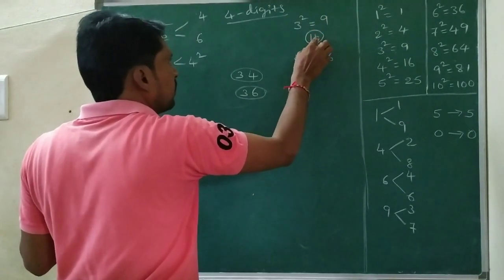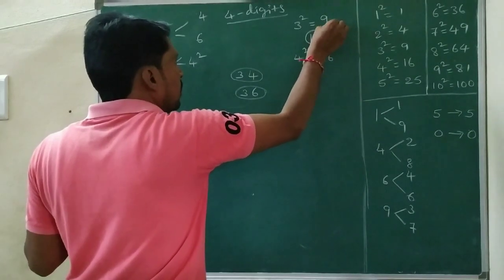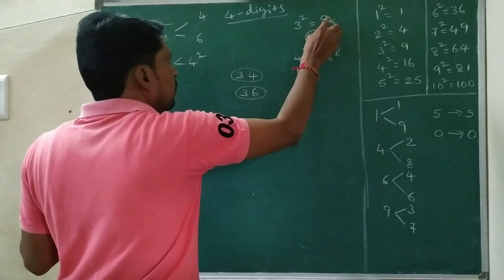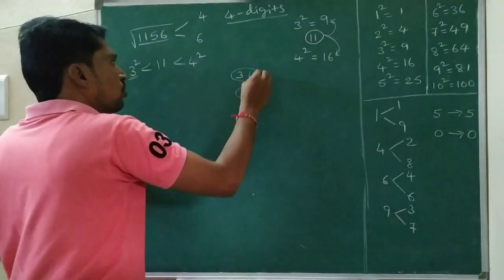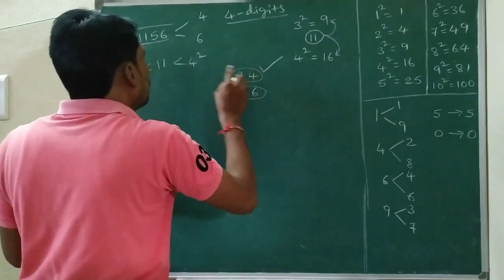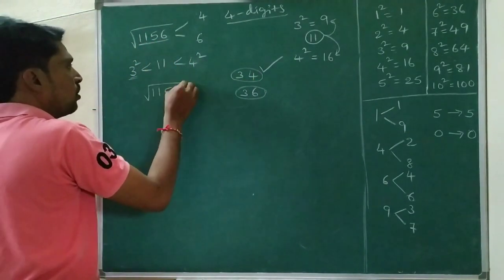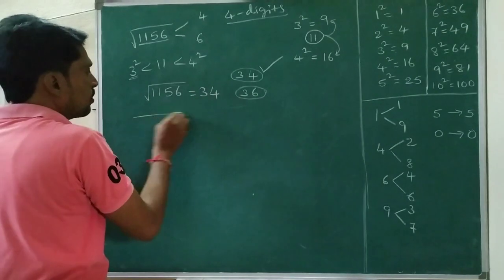Is 11 nearer to 9 or to 16? It is closer to 9, the smaller number. So the smaller number is chosen, which means the square root of 1156 equals 34.